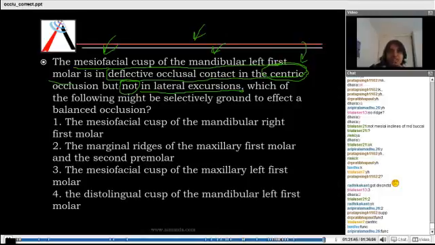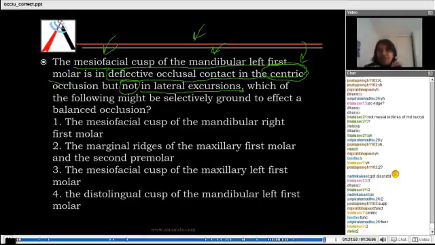It's a functional cusp, so we cannot grind it. So we will grind the place where it is contacting, isn't it? Wherever it is contacting, whether it is contacting in the fossa or anywhere else, we'll be grinding that place. Get the point? Because it's in centric.